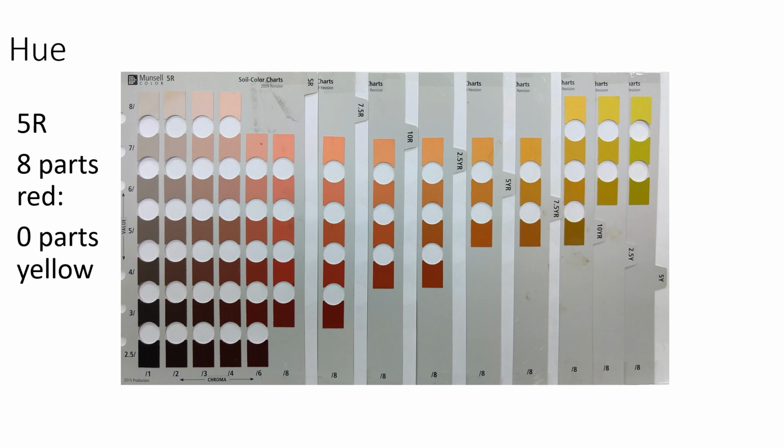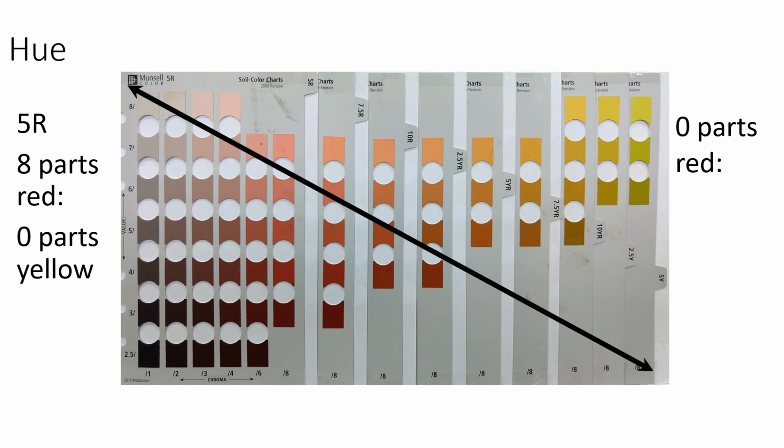Now you'll notice as we go across this book, the colors change. When you look toward the top right, you'll see that in general we're moving from reds to oranges to yellows. And what's happening is, as you move across, you get to the part that has 0 red and 8 parts yellow, and that one is identified as a 5Y.